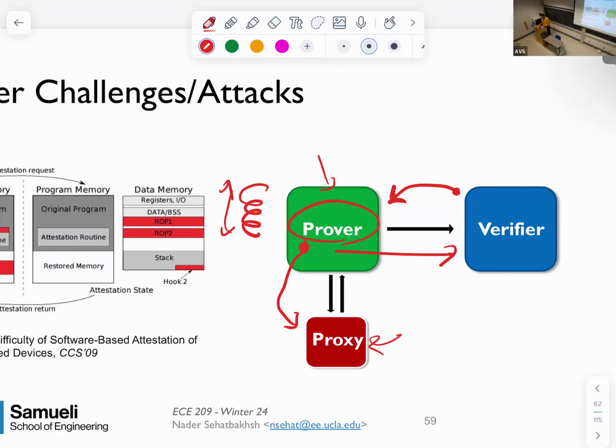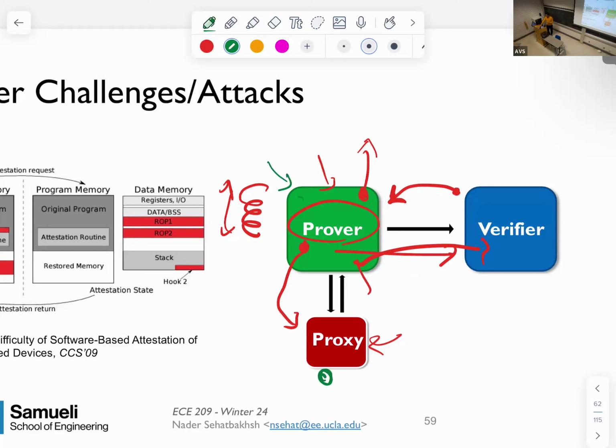So whenever the request comes, instead of using the Raspberry Pi to compute, which has much larger delays, they immediately forward it to their local PC. The PC quickly computes the hash and sends it back to the prover, and then the prover can send it back to the verifier, even if they incur additional overhead because of all this forwarding. If this proxy device is significantly faster than the prover device, they can actually beat this check.